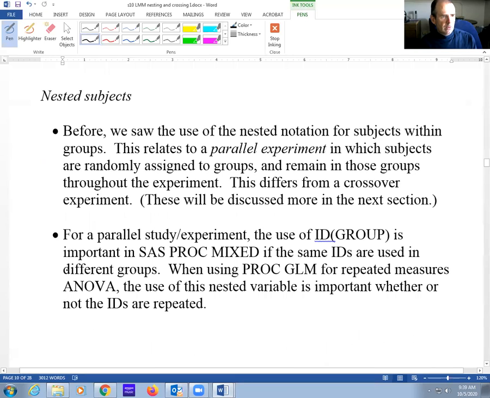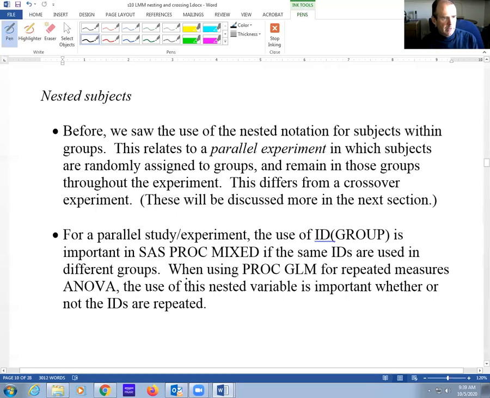So we could also consider nesting as it relates to the experimental units. An example of nested subjects would be if subjects were assigned to a treatment and continued throughout the whole study on that same treatment, then subjects are nested within treatment. That would be like a parallel design.